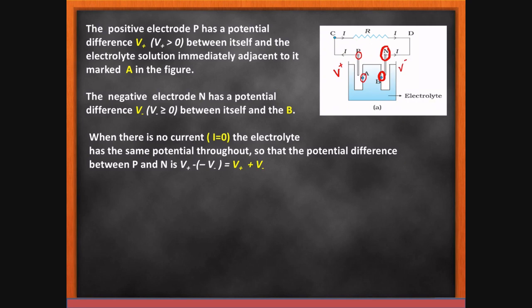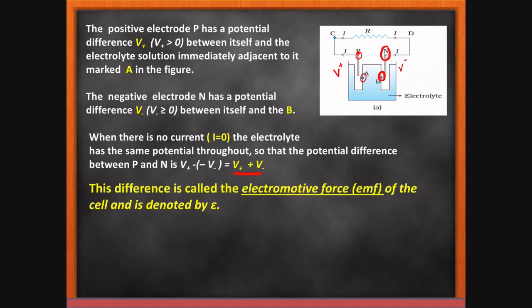When the cell is open, when there is no current in the circuit, the net potential difference between P and N is V, and that is equal to V plus and V minus. This difference is called electromotive force, or EMF.